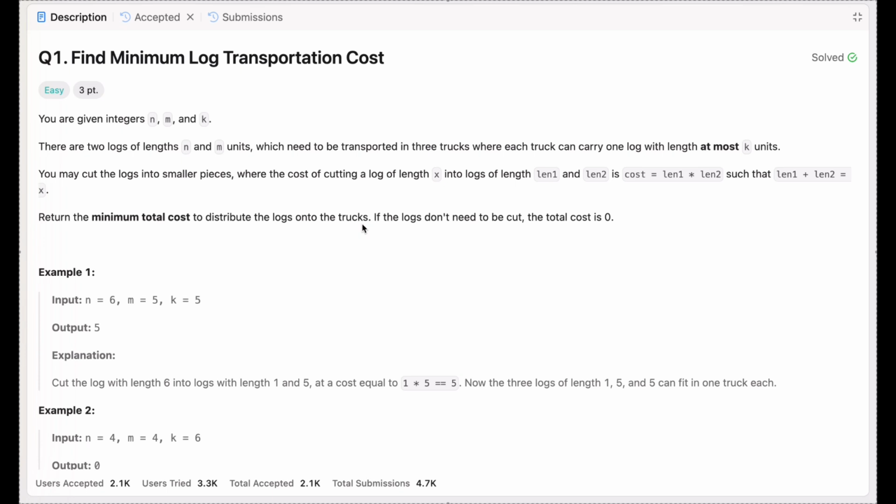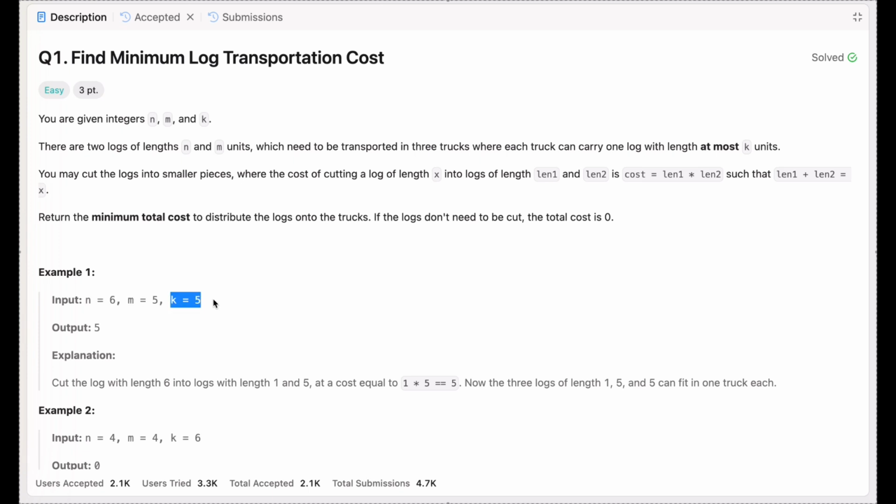Just imagine you have 2 wooden logs of lengths n and m, and you have 3 trucks. Each truck can carry only one log piece, and the piece length cannot exceed k.